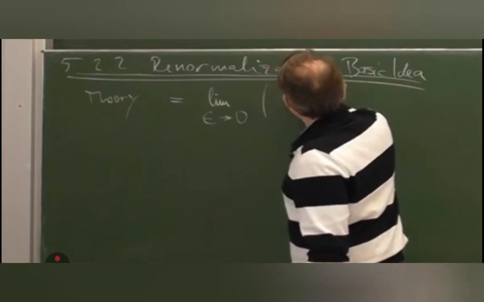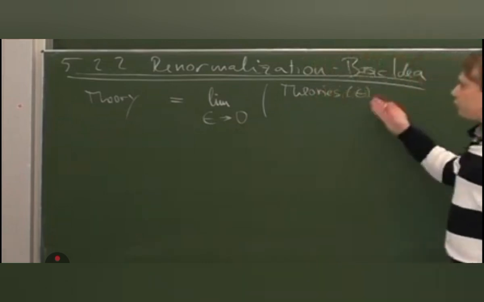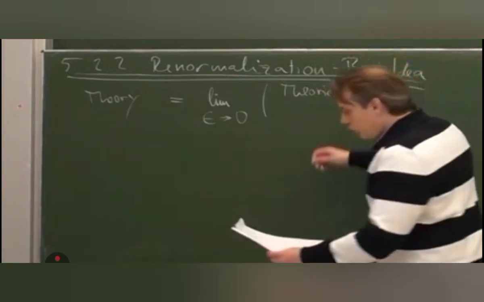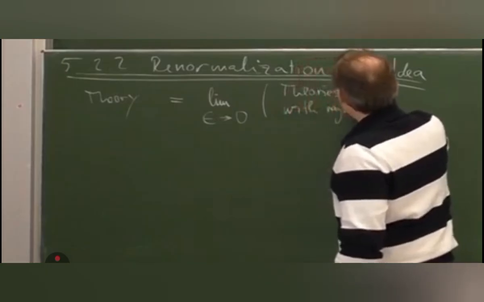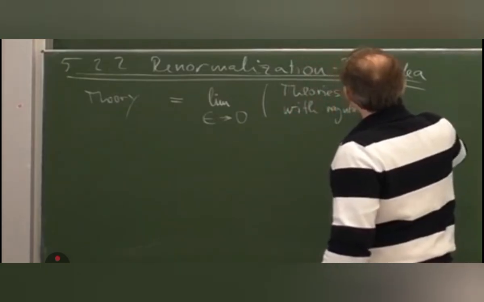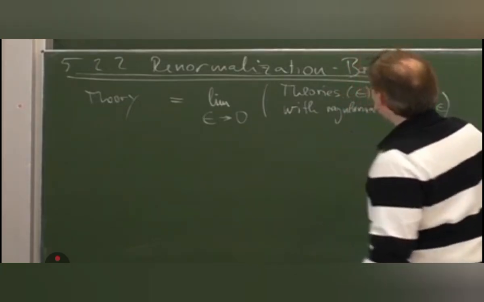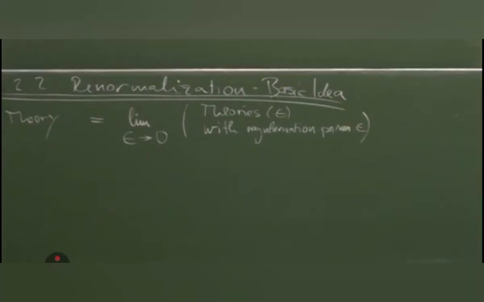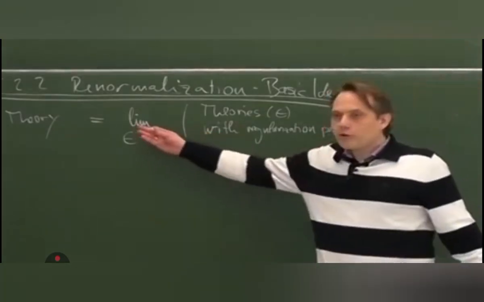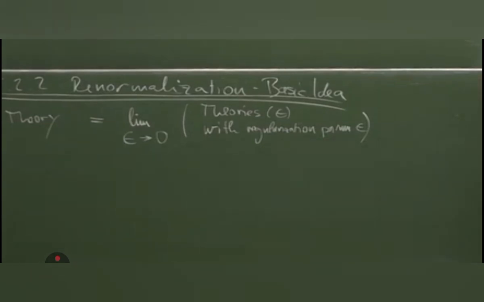So we have a certain set or family of theories for different values of epsilon, and this epsilon is called a regularization parameter. For each epsilon there is a theory defined, and the Feynman rules are defined for each epsilon. And then the actual quantum field theory is the limit of that family of theories where epsilon goes to zero.